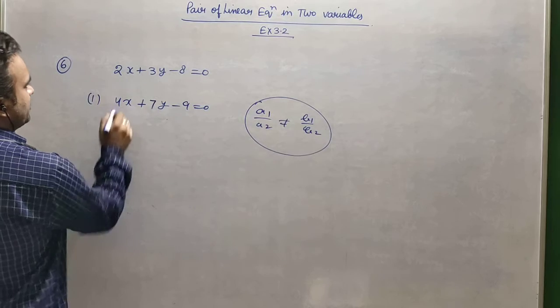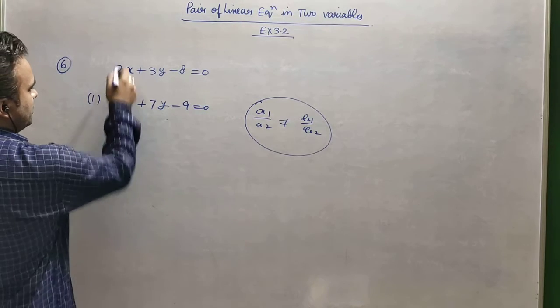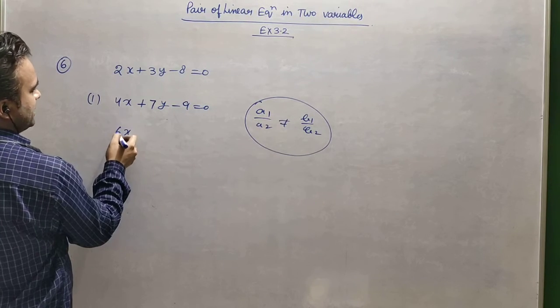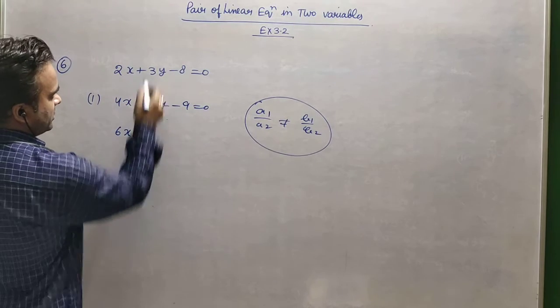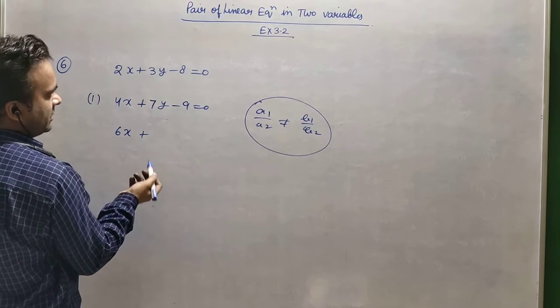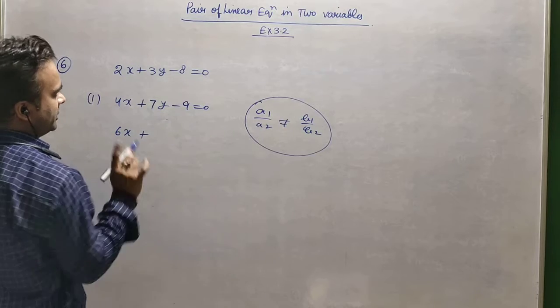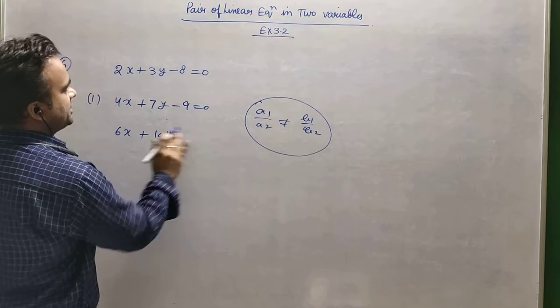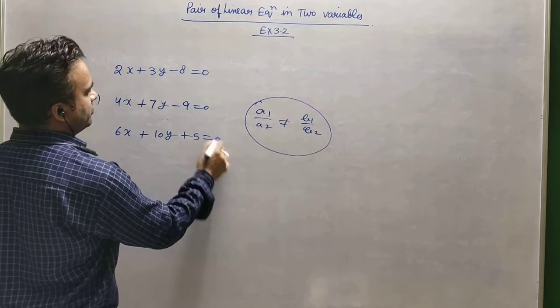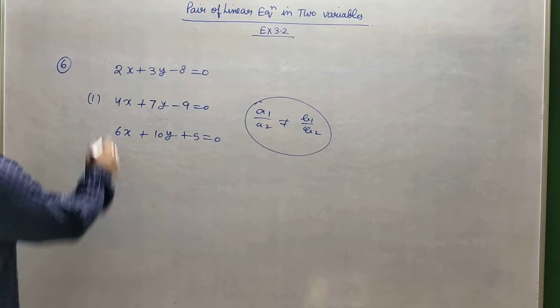Suppose I am making 6. So what is the relation here? 2 and 6, 1 upon 3. But here we cannot take 9 now, because 3 3s are 9. So 1 upon 3 we will get. We cannot get the same ratio if you want intersecting lines. So what we will do? We can write anything except 9 plus 5 equal to 0. So there are so many answers.